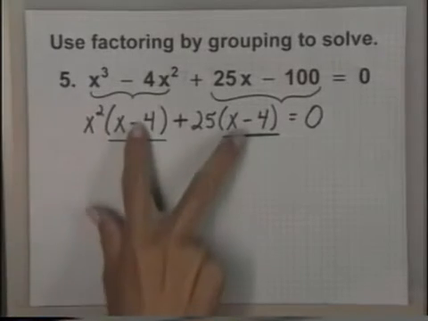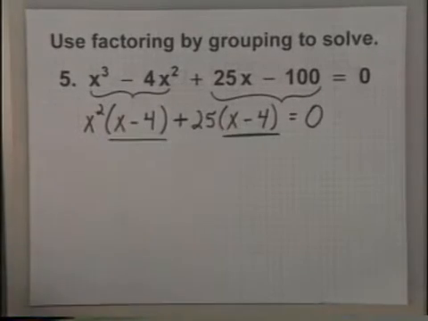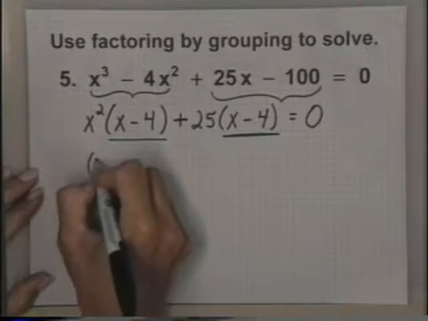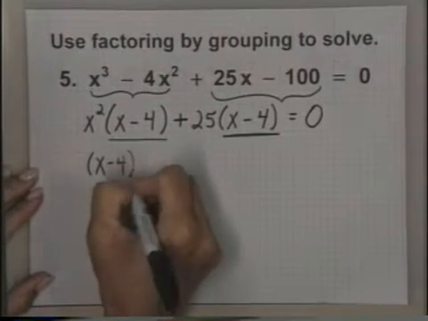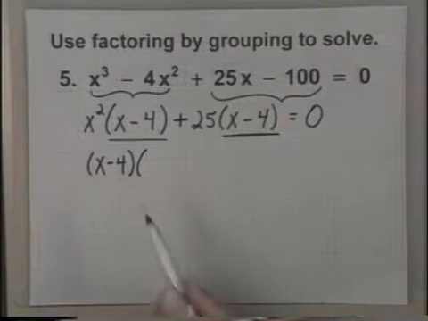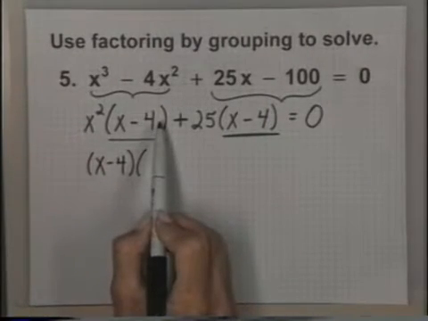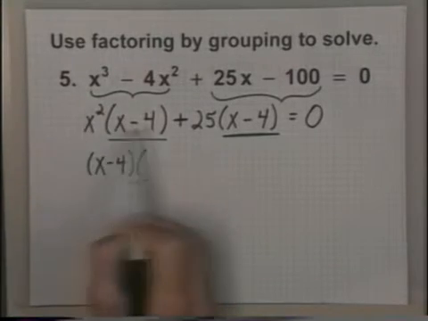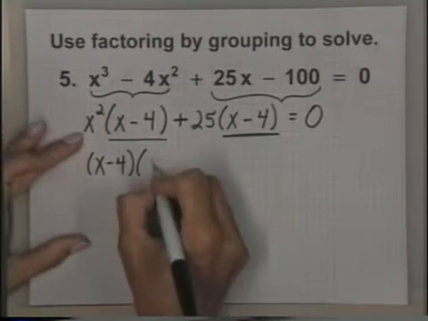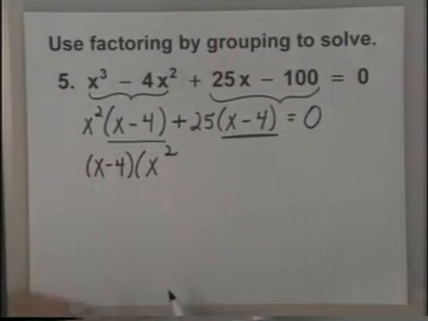So now, from these two terms, let's factor out our common factor, x minus 4, and let's write what we're left with. In this first term, what do we multiply x minus 4 by to get x squared times x minus 4? Well, obviously, it's x squared.